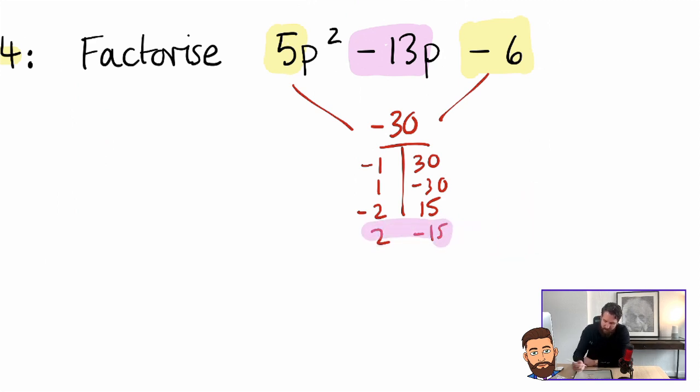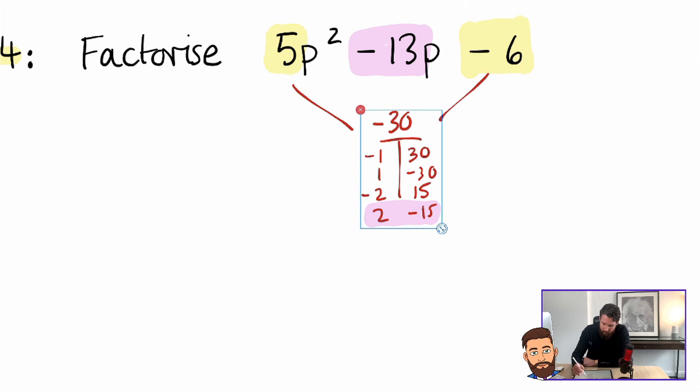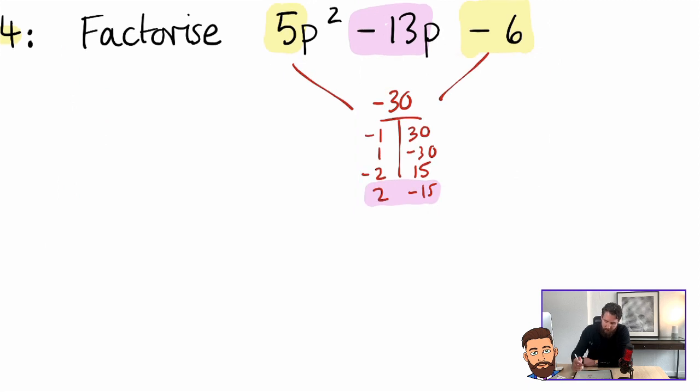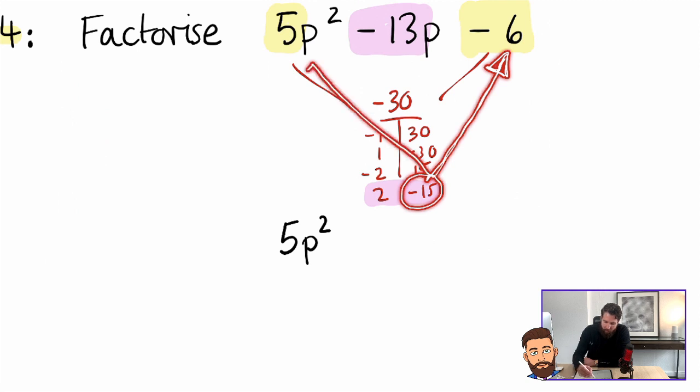It's this factor pair here. From here, we're going to take them and write them out inside our quadratic where we replace b. So let's see if I can not write x this time. 5p squared, that stays. Now, this is where you can use what I said to help us. We've got minus 15. Is 15 going to go better with 6 or with 5?